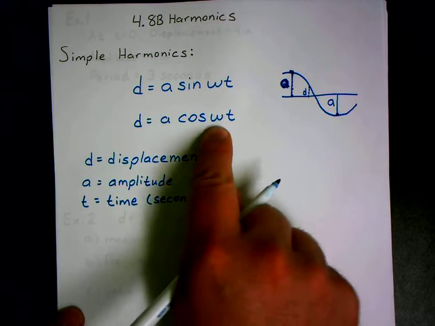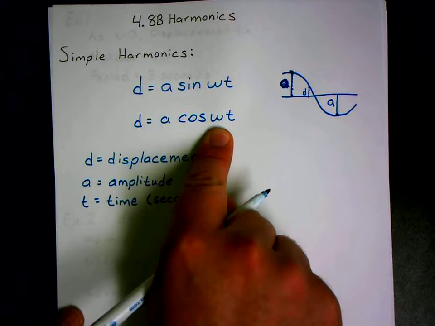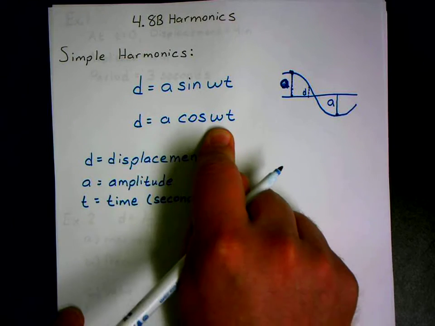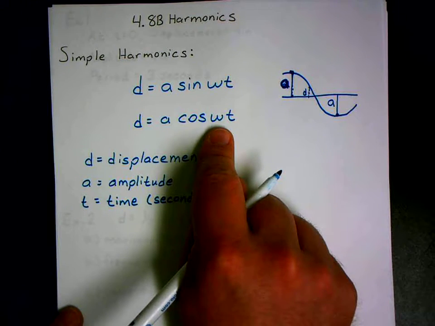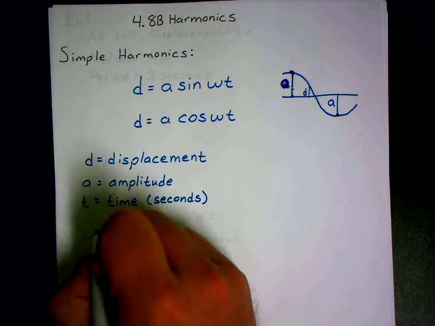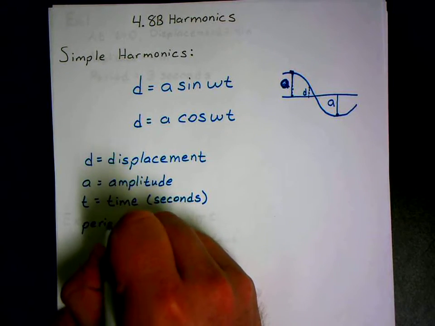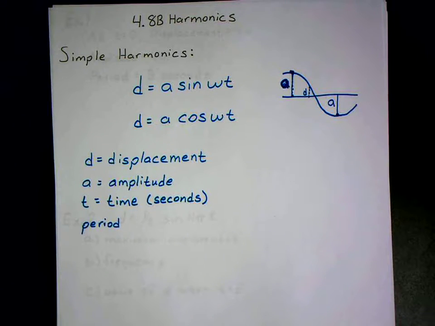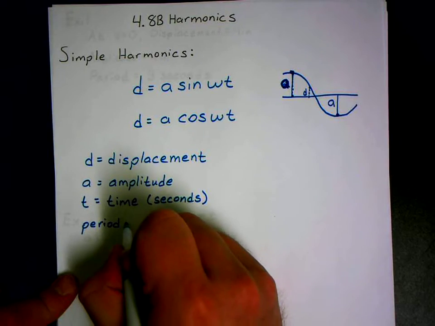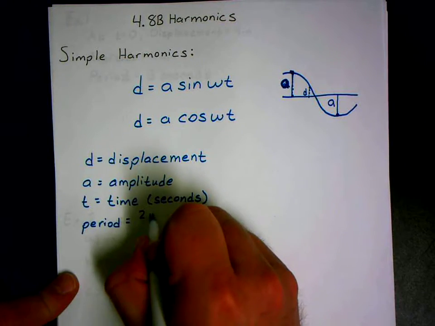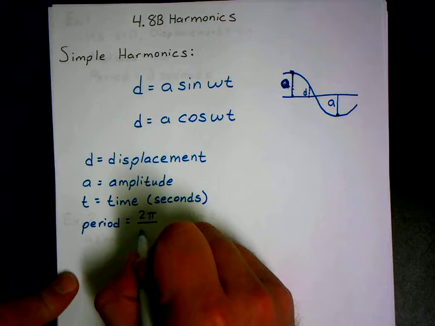Omega, that's a small w, sort of, but it's actually supposed to be the Greek letter omega. Just like whenever we were graphing, it has to do with period. Period equals 2 pi over omega.